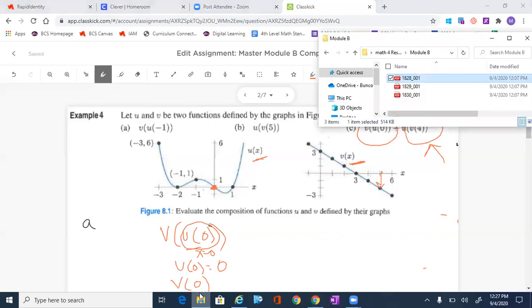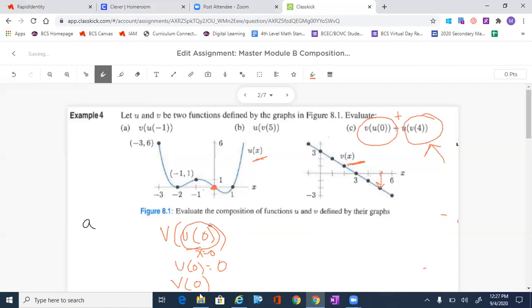Now I come over to the V graph, which is right over here, and I say, what is V of 0? V of 0, there's 0 on the X, is a value of 3. So I know that this piece is equal to 3. I'm going to go ahead and put that under there.